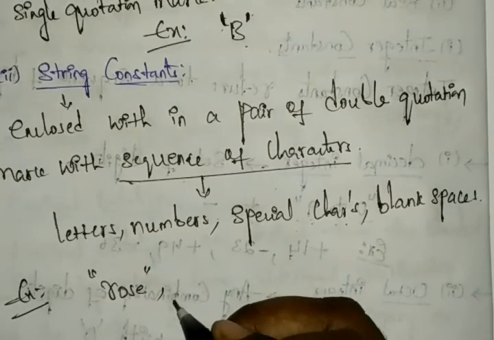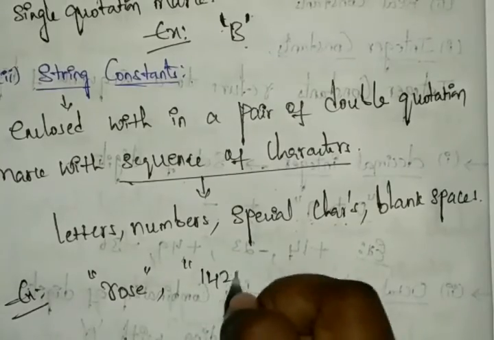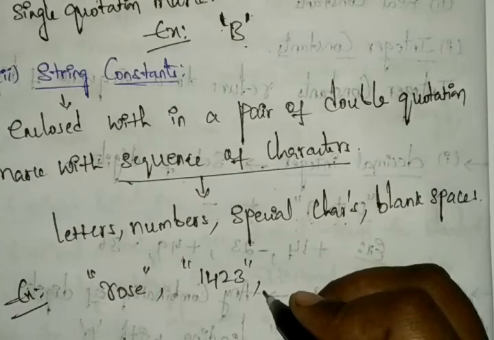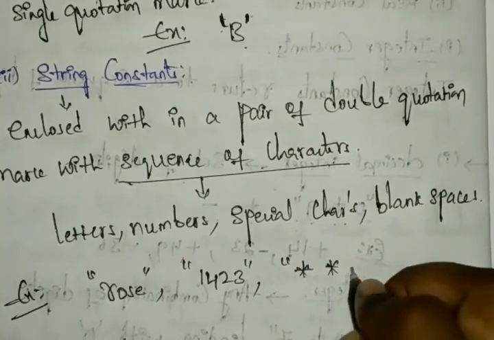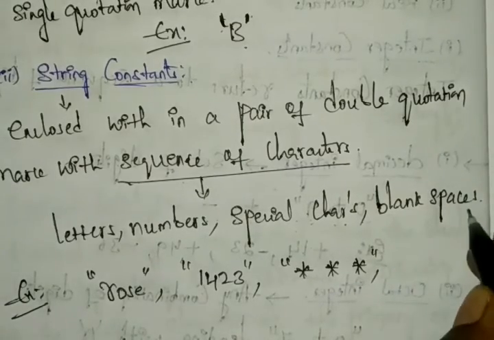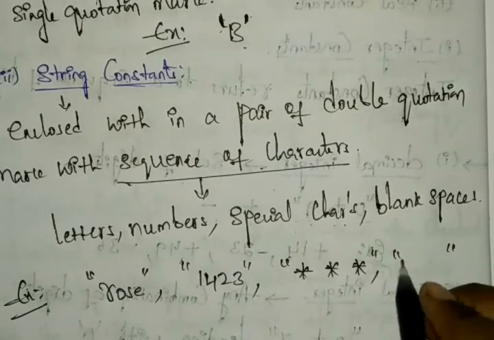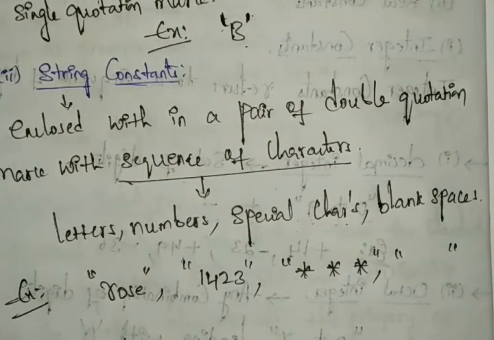And you can also mention numbers, right? Within the double quotes you can mention numbers. And you have special characters also, right? Any special character you can mention, and it will also have double quotation marks. And next, blank spaces, in between the blank, this is the white space. In this also we can give double quotation marks. Like this we can write our string constants.